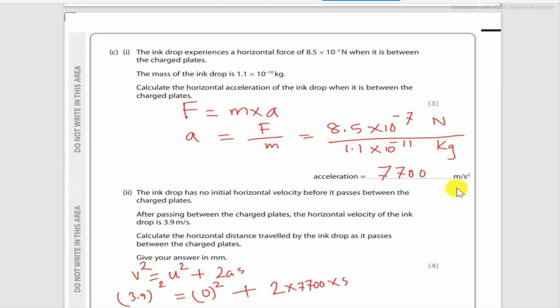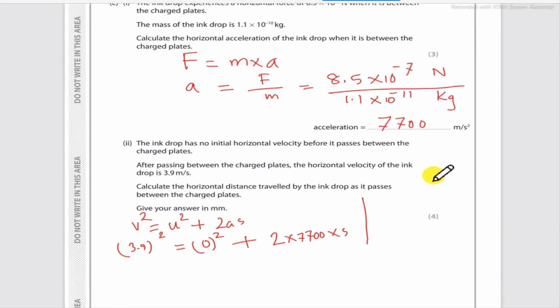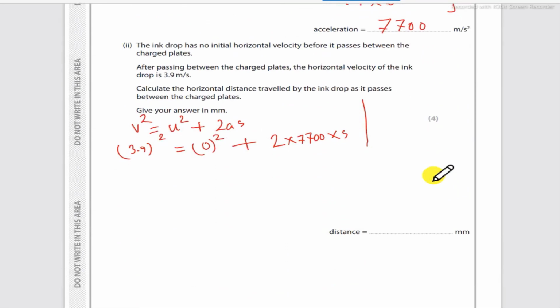We have to find out s. So s will be 3.9 square divided by 2 into 7,700.